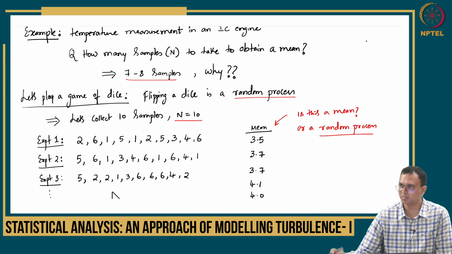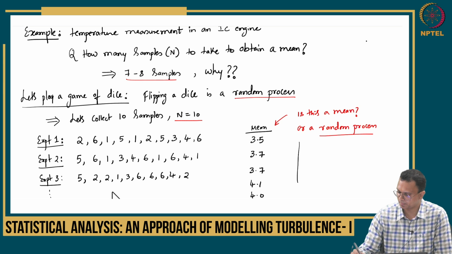Isn't the mean also a random process here? If I plot this, it is varying, right? So if I make a plot, let's call these values going up and down like this.